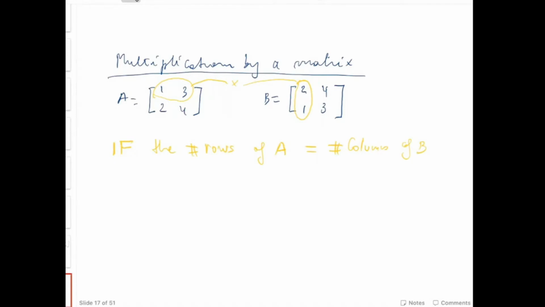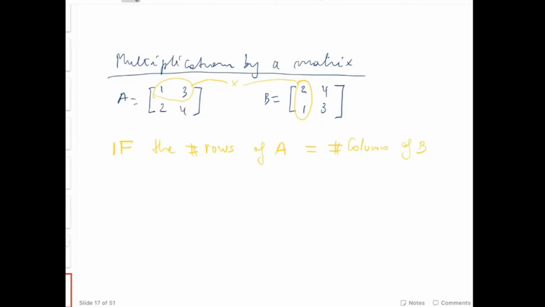In this condition, you don't need both matrices to have the same dimensions.